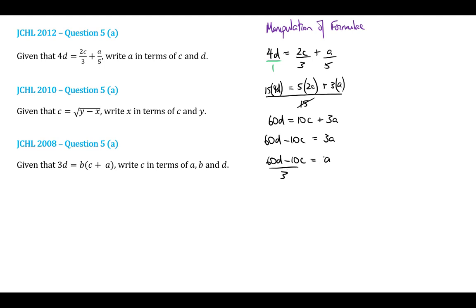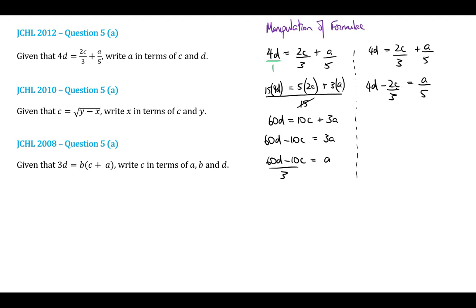So the objective is to get a letter by itself. Just to explore how that might have been done a different way without necessarily getting a common denominator straight away. Well, if we take this equation again, 4D is equal to 2C over 3 plus A over 5. If we keep the A over 5 on the right hand side and we subtract 2C over 3 from both sides, we have this.